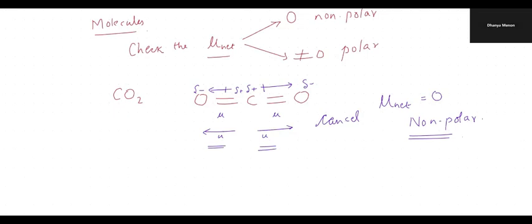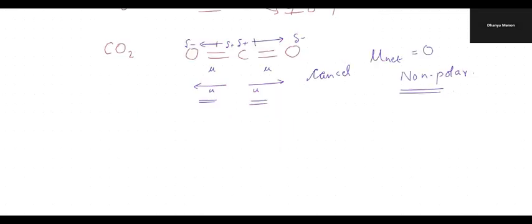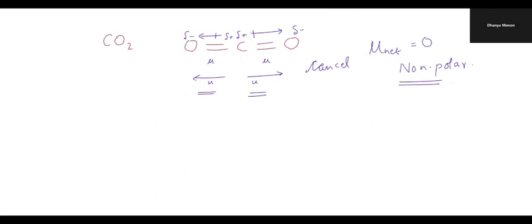So, if there are individual dipole moments like this, mu, and if they are in the opposite direction, they cancel each other, and the net dipole moment is 0, and the molecule is non-polar. So you can see here, there is individual dipole moment mu and mu.